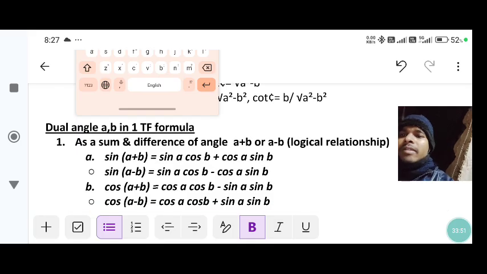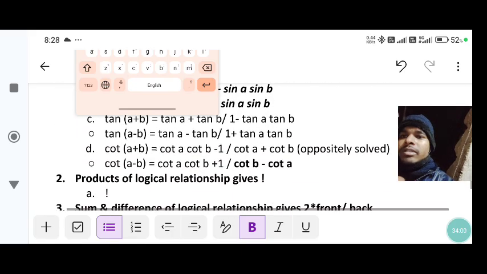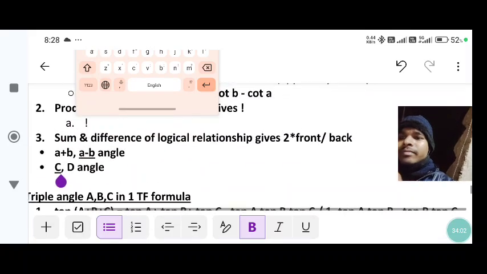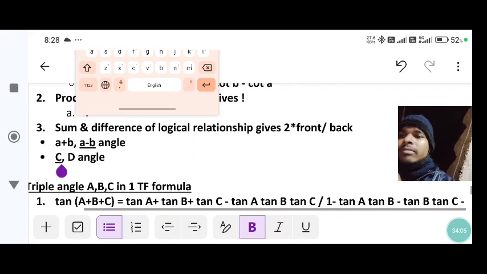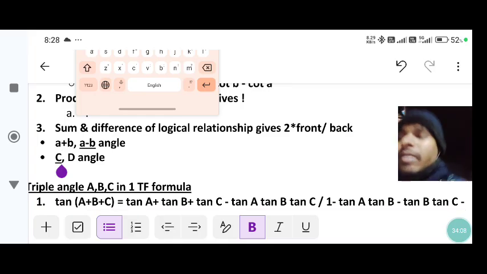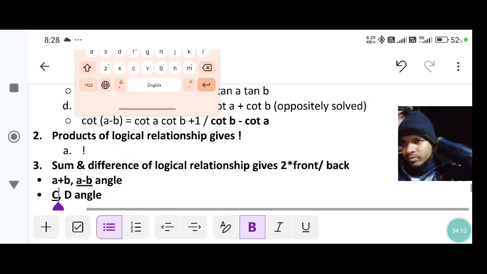Then angle a will become c plus d by 2. Angle b will become c minus d by 2. It will be like difference by 2.